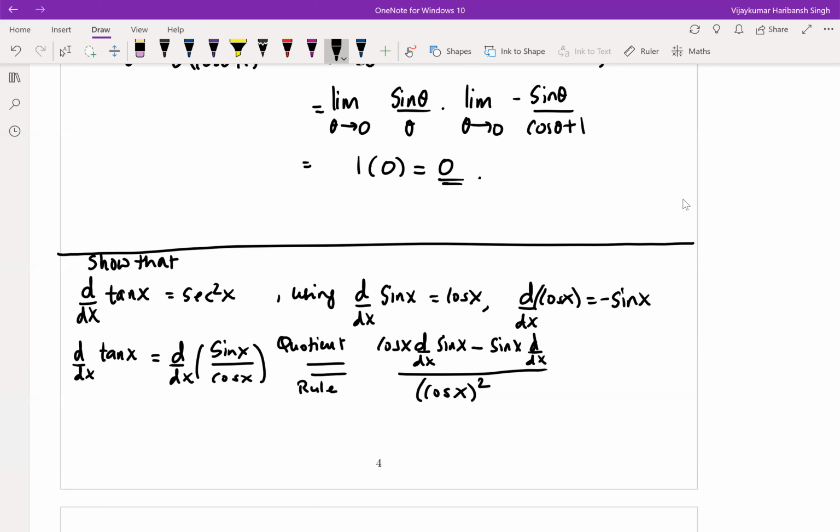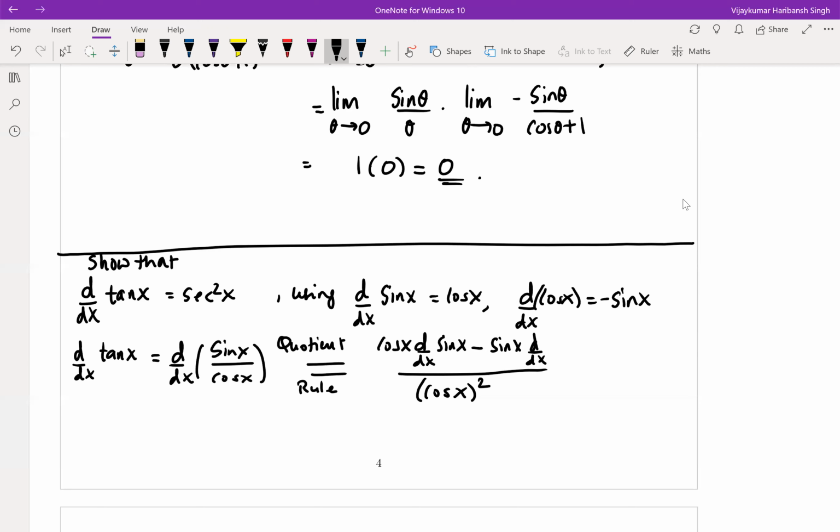So what do we get? We get this is equal to cos x times cos x, because the derivative of sine x is cos x, minus sine x times the derivative of cos x, which is minus sine x, divided by cos square x.